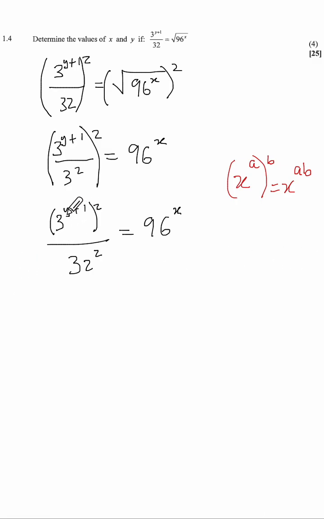So if I multiply y plus 1 by 2, let me write it like 3 to the power of 2 times y plus 1. Because I have a power inside and a power outside, I multiply those two powers, y plus 1 times 2, over 32 squared. Still, I should maintain that it is equal to 96 to the power of x.